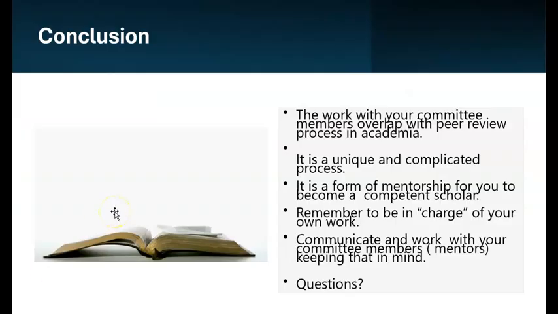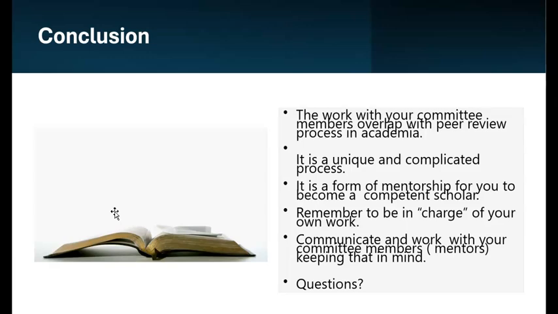Okay, finally, this is a conclusion. In this video, we talked about how the work of your committee members overlaps with the peer review process in academia. As you have seen through this video, the peer review process is a unique and complicated process.